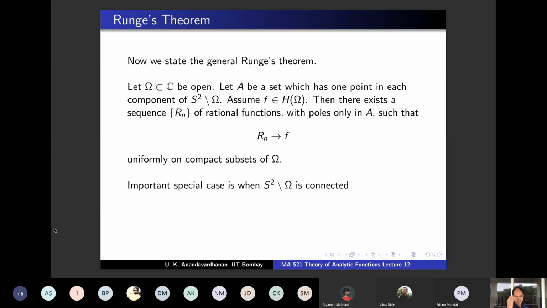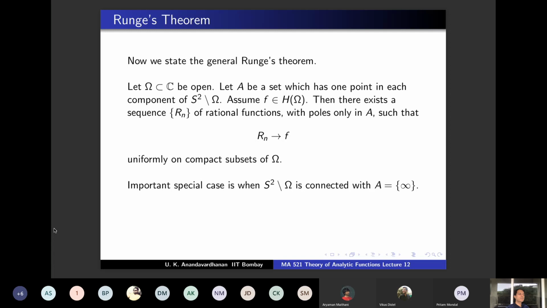Of course, like earlier, the important special case to keep in mind is S2 minus omega is connected, where we will take A to be the singleton infinity. So this result would say what? If omega is such that S2 minus omega is connected, as we will see later, this is the same as saying omega is simply connected. So if omega is simply connected, which we haven't done, so let's use the wording that S2 minus omega is connected for now.